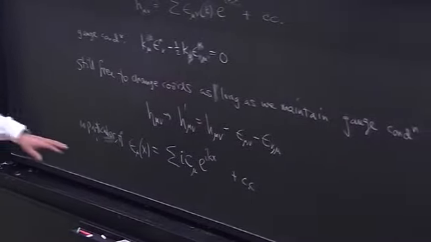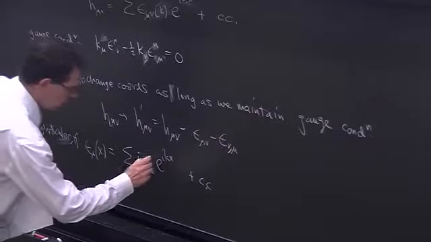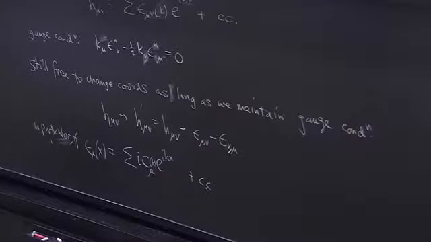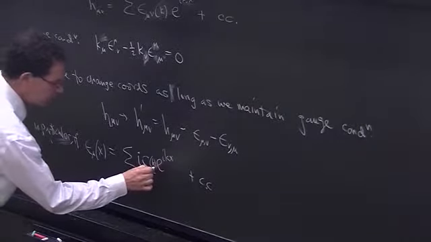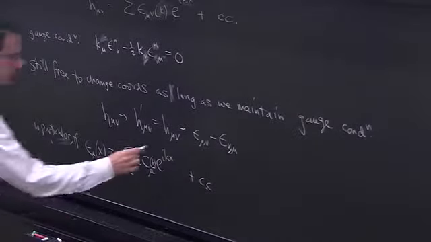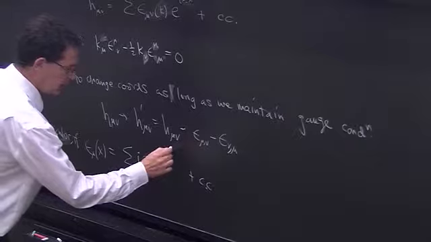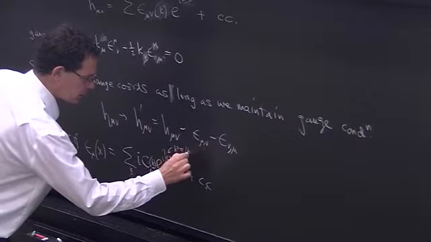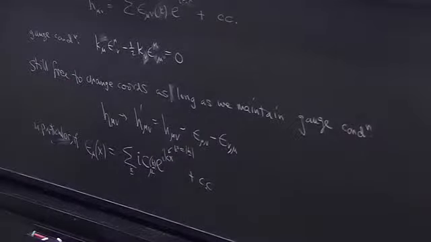So if epsilon mu is equal to this, where c mu is a function of k, and again, if you think about it carefully, c mu is only a function of the spatial k, because the k naught is given implicitly by k naught equals modulus k.